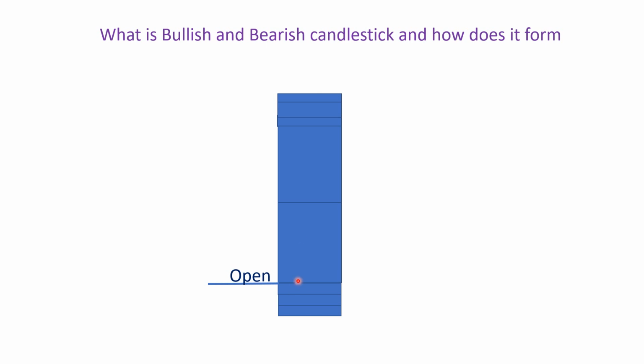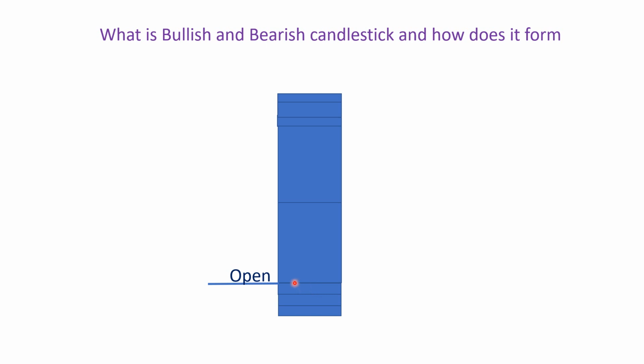If it goes up, that means the presence of the buyers is stronger. If it goes down, that means the sellers are pushing the price down. If it goes up, the color will change to green, that is bullishness. And if it goes down, the color changes to red, that is bearishness.